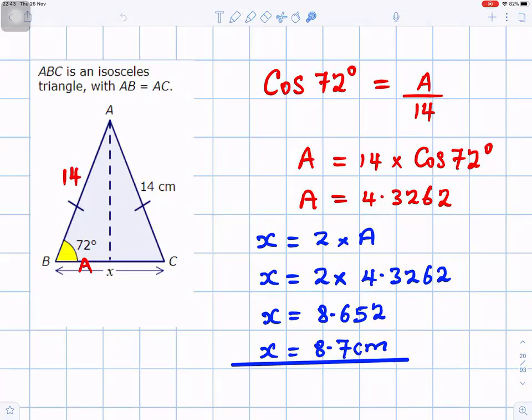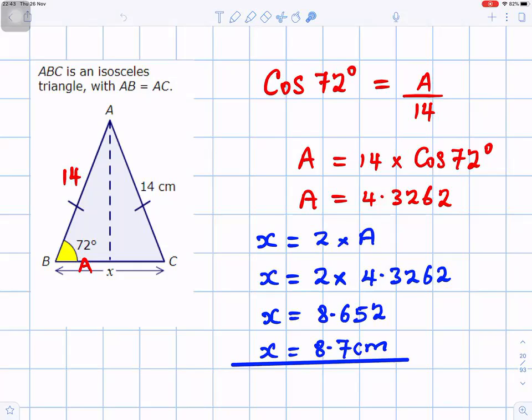So cosine of 72 degrees is adjacent over hypotenuse, which is A over 14. It is divided by 14 on the right. If you take it to the left, it will be times 14. So A adjacent would be 14 times cos 72. In the calculator, that will give you 4.3262.